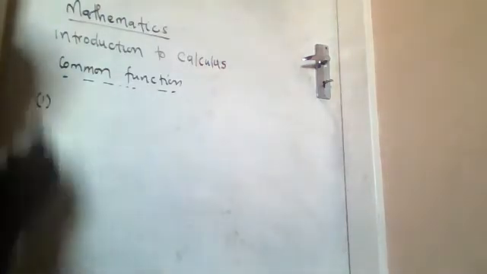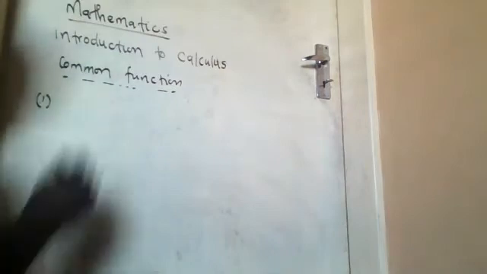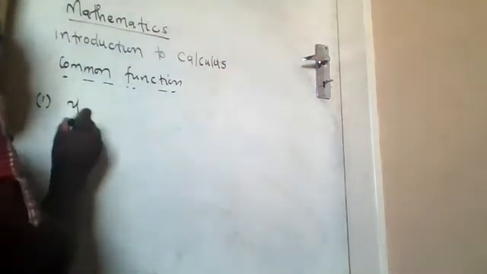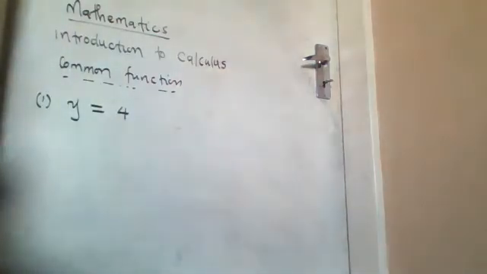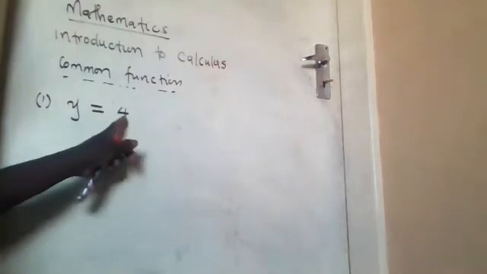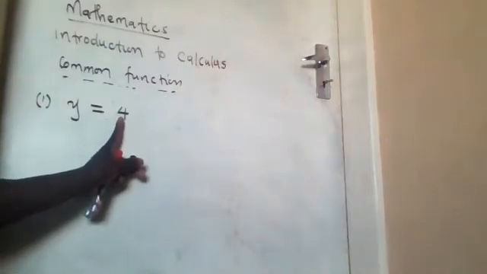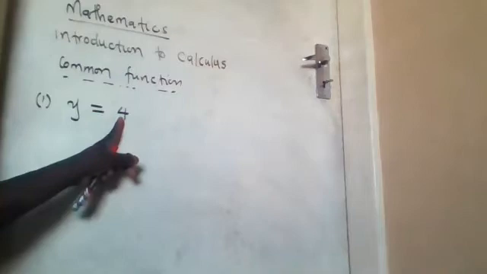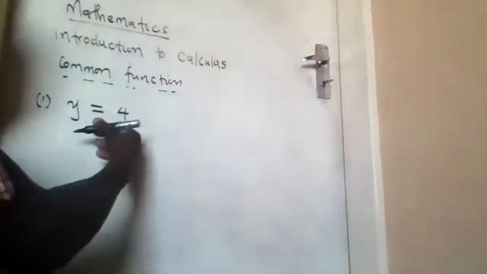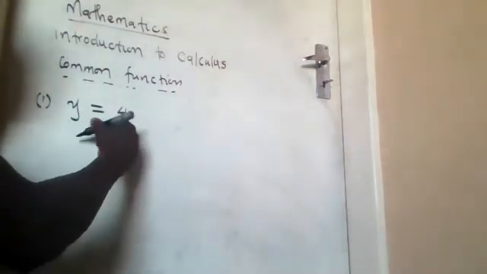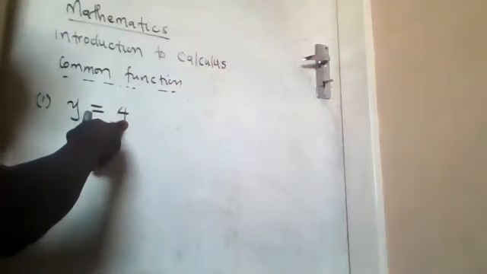Number one, when you have a function written as y is equal to 4, according to what I'm writing, the 4 here, which is alone, is a constant because it does not have a variable, an x variable. But in the actual sense, this constant here has an x variable, except that that x variable has the power which is 0.